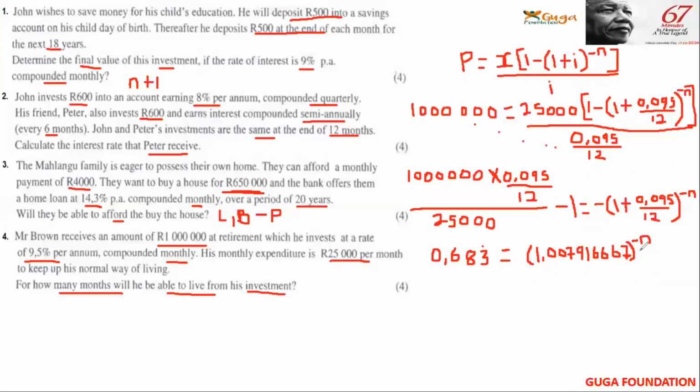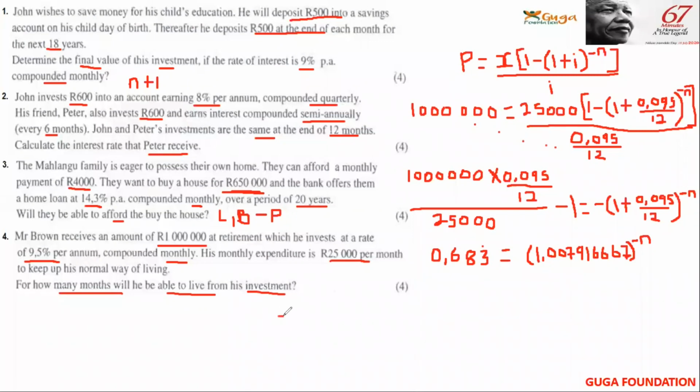Then here, with the rules of logs, it will be negative n is equals to log base 1.007916667 of 0.683 recurring. Okay, let me write it here.